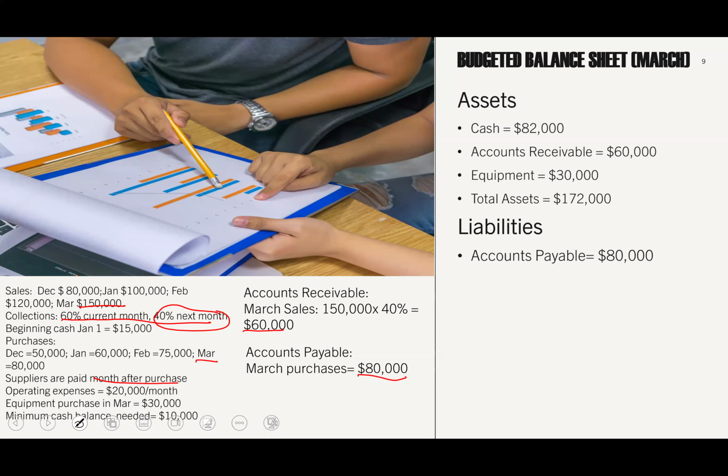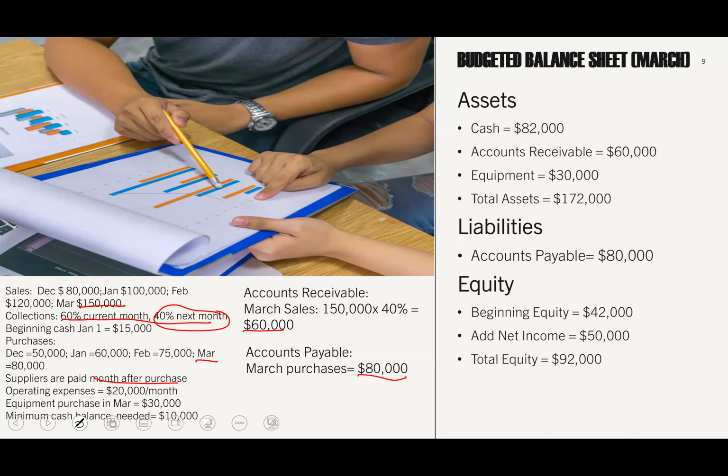Now, my only liability, I believe, here is my accounts payable. Then I just pull up some numbers of equity just to make the balance sheet come together. Suppose I was given that my beginning equity was 42,000. I need to add my net income of March into that, so that my balance of retained earnings goes up.